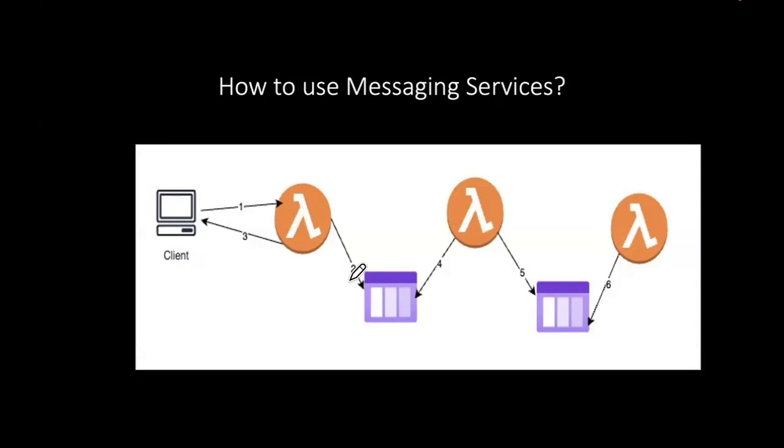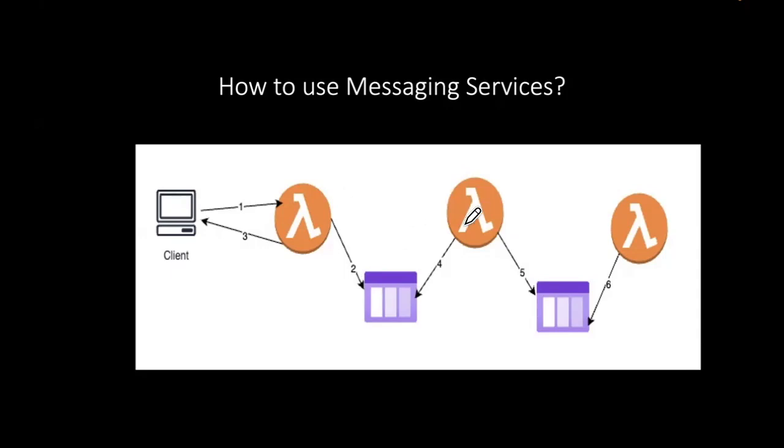And it will post a message into this resource here, which is a message queuing resource, to the effect that a new video has been uploaded to the S3 bucket, and the video's file name is whatever.